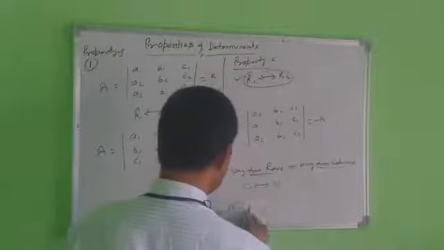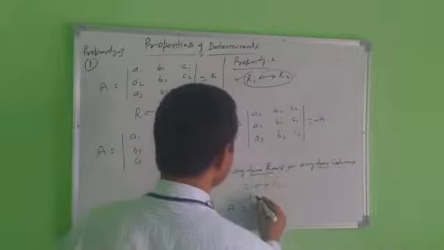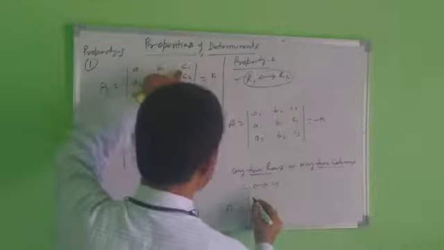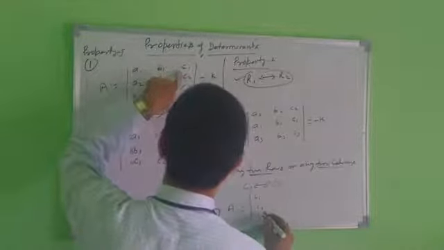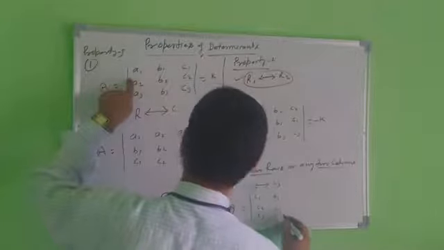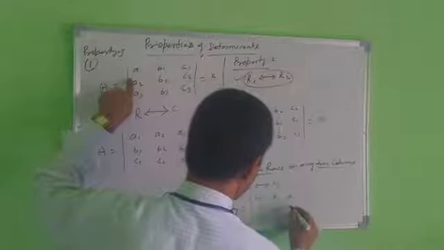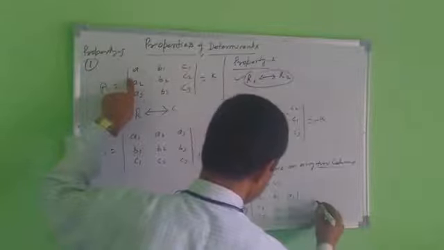What is the value of the determinant? You change C3 here: C3, C2, C1, and here B3, B2, B1, and A3, A2, A1. The value of the determinant is also minus K.